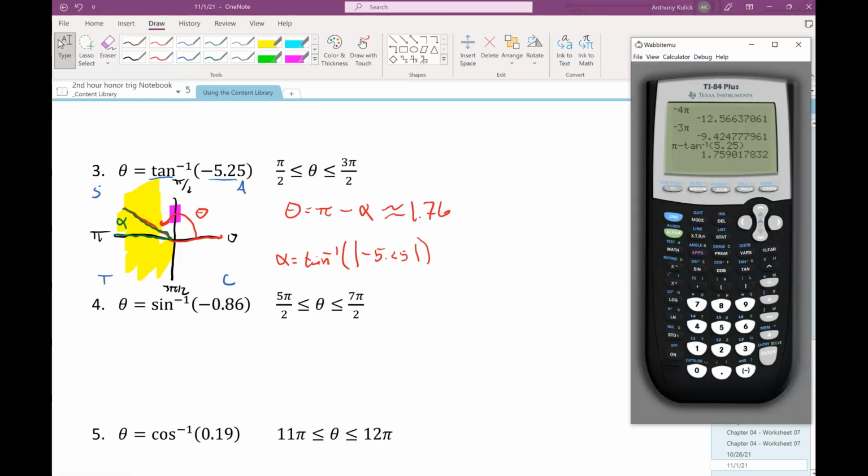And to check that, if you were so inclined, the tangent of that answer had best give me negative 5.25, which it does. And then 1.76 better be between pi over 2, which it's bigger than, and 3 pi over 2, which it's smaller than. So I am quite certain this answer is correct.